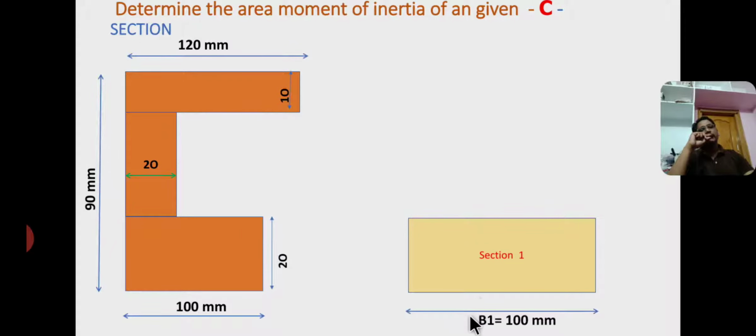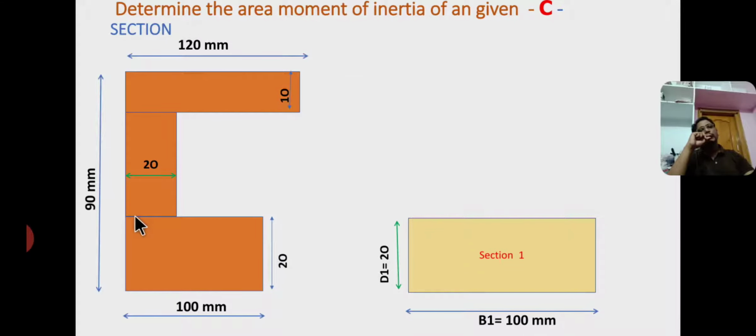Here b1, where 1 refers to section 1 and b refers to base, equals 100 mm, whereas d refers to the depth or height of the rectangle. So the depth of section 1, d1, equals 20 mm. From here to here I consider as section 1.